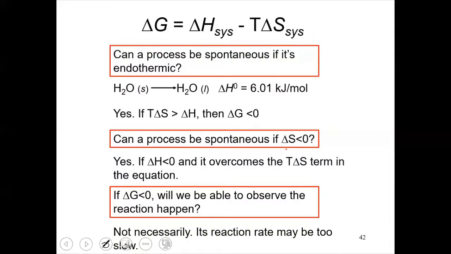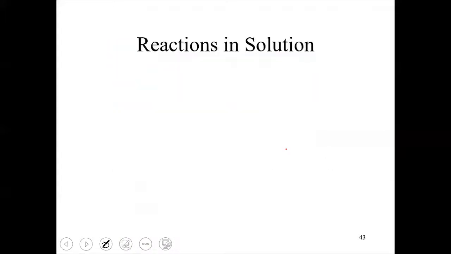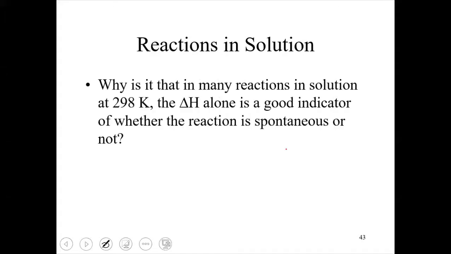There's also a trend when you look at reactions in solution. A lot of our reactions are carried out in solution: acid-base reactions, reactions of a metal with an acid solution, precipitation reactions. A lot of reactions, we do them in aqueous solution. Well, it turns out that in many reactions in solution, the delta H alone is a good indicator of whether the reaction is spontaneous or not.